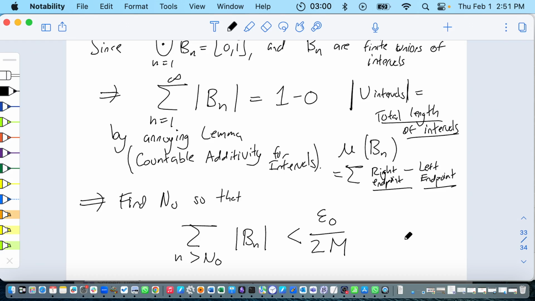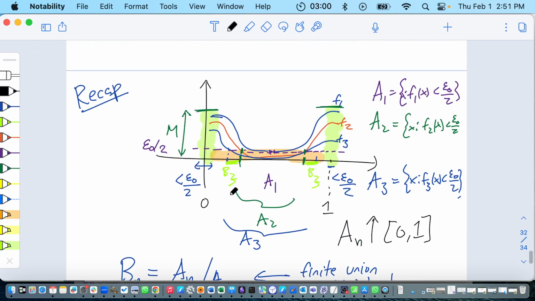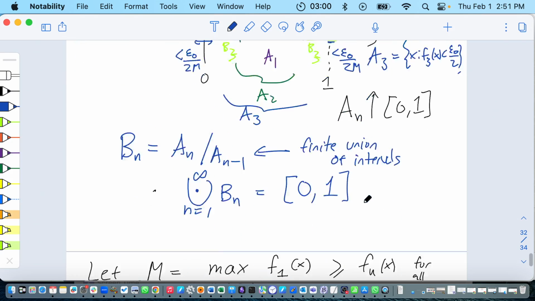So the length of all the Bn's put together, from n naught on, is very small. In my picture, that says everything past here will be less than epsilon naught over 2m. The height of the functions is bounded by m, and the width is bounded by epsilon naught over 2m, so the total contribution will be less than epsilon naught over 2. You're going to see that in 1 second.